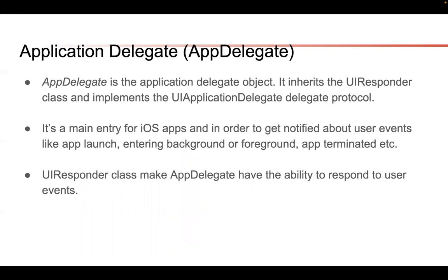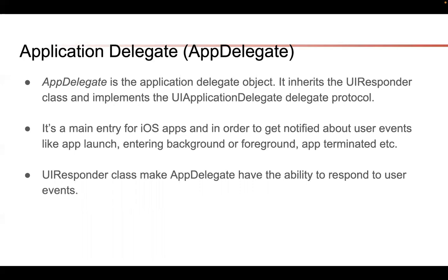It inherits from the UI responder class, and implements the UI application delegate protocol. What the protocols are, we will look at later. The application delegate or app delegate is like the main root point of your app, the main entry for your iOS app.